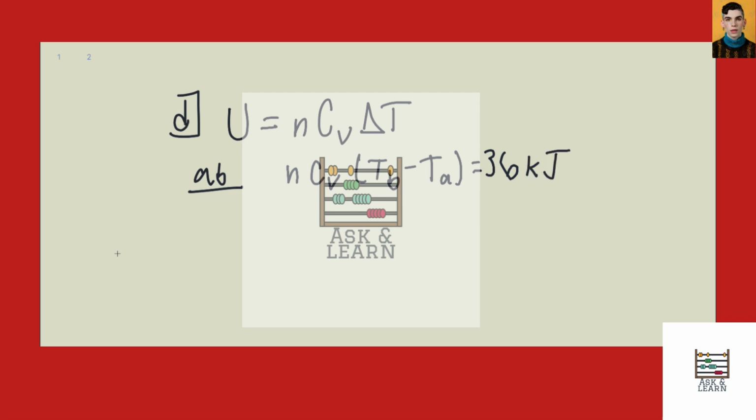From B to C, it's the same thing, but negative. So minus 36 kilojoules.